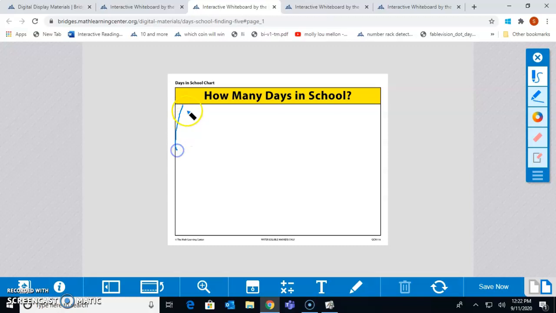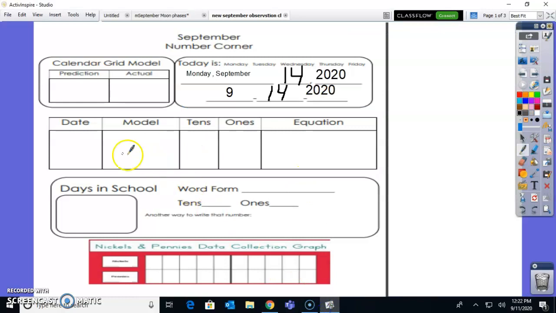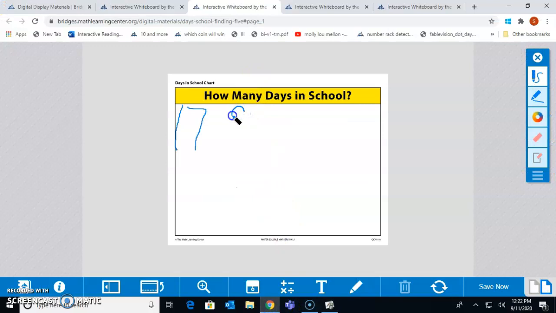So a 17 is 1 10 and 7 ones. So you can write that here, 17, 1 10, 7 ones. I'm going to do my best to write 17 with a mouse, while you write it also on your paper. And I know if you have a bigger whiteboard, it's a little challenge, but do your best. 17.